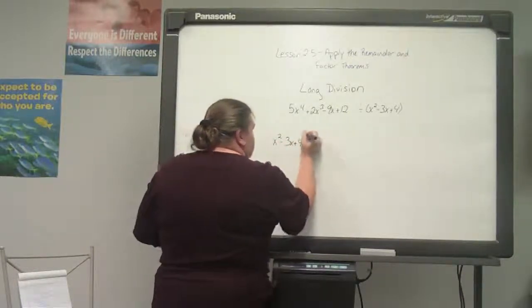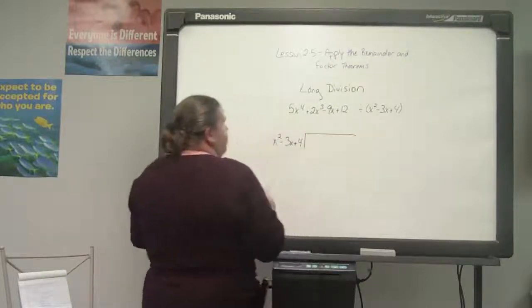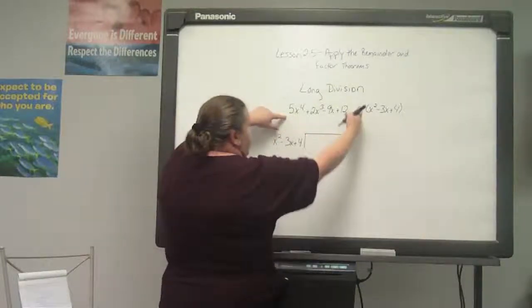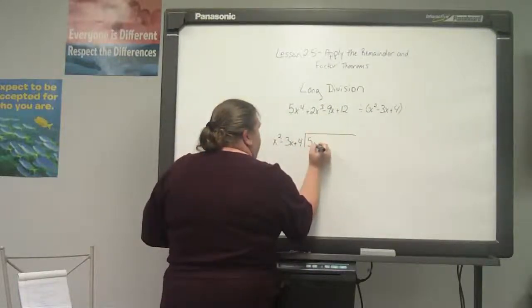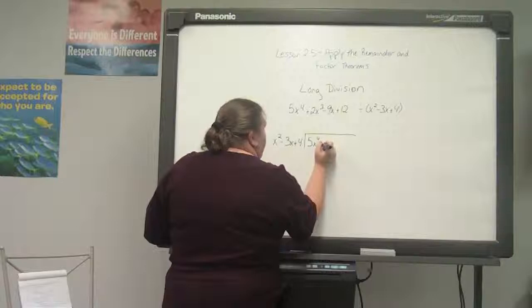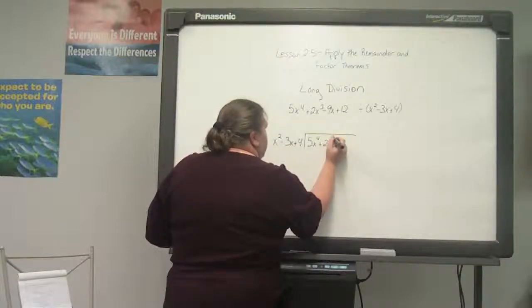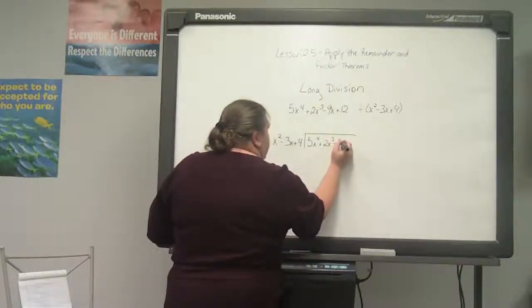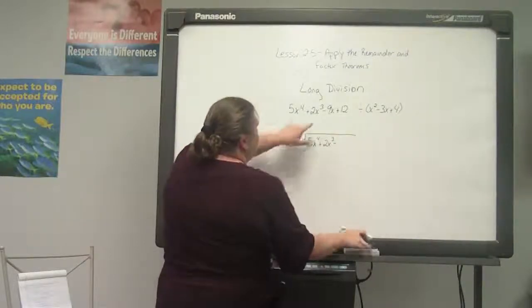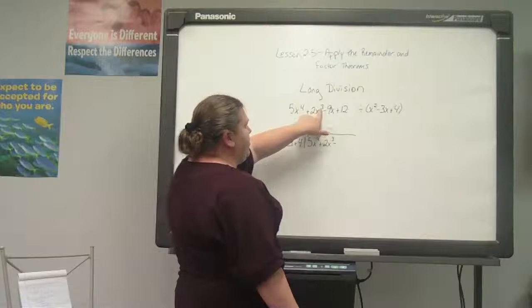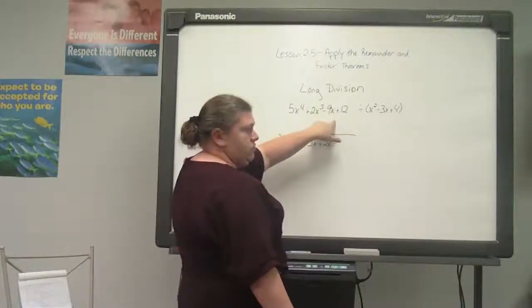Then we have our division. And then what comes in front of the division goes inside. 5x to the 4th plus 2x cubed minus. And you'll notice right here that we have a cubed, but then we don't have a squared.